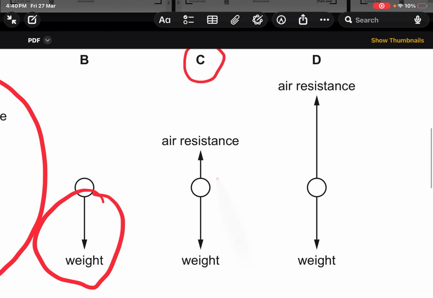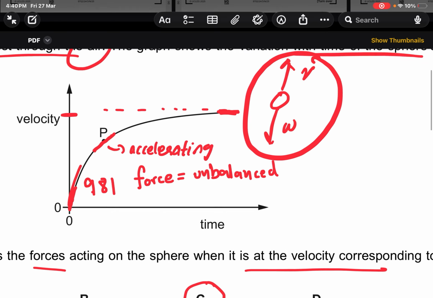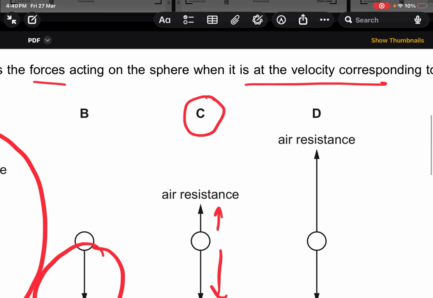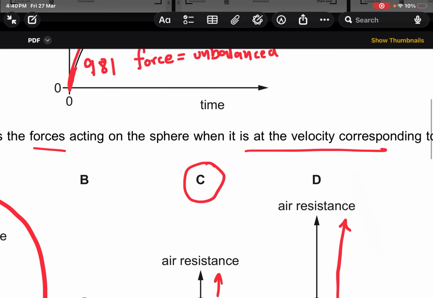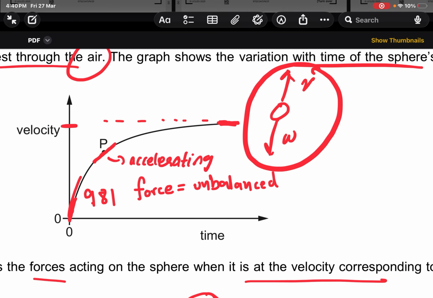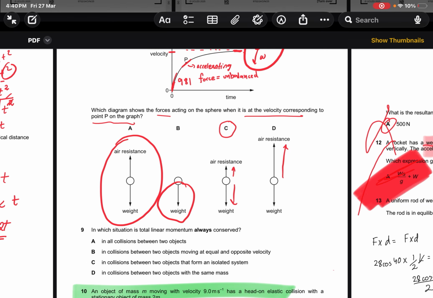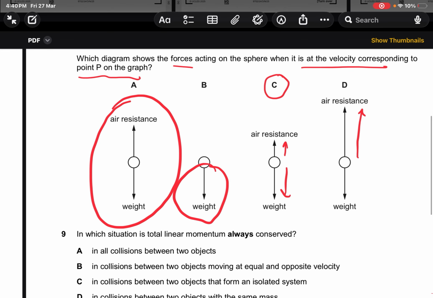When the air resistance is less and the weight is more, it's going to be at this point, when it begins to accelerate, but the magnitude of acceleration is decreasing because the air resistance is increasing. When the air resistance is greater than the weight, it's definitely going to happen when you open the parachute, and then it's going to fall like this. Right now, on this graph there is no point where air resistance is greater than your weight.